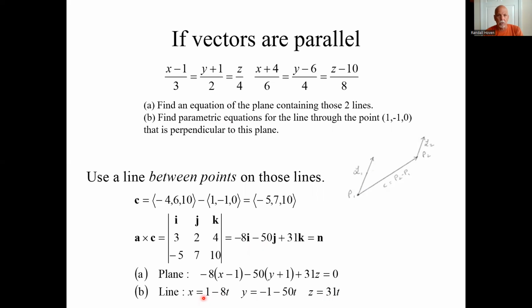The things out front will be one of the 2 points. So I'm picking either 1, -1, 0, or -4, 6, 10.